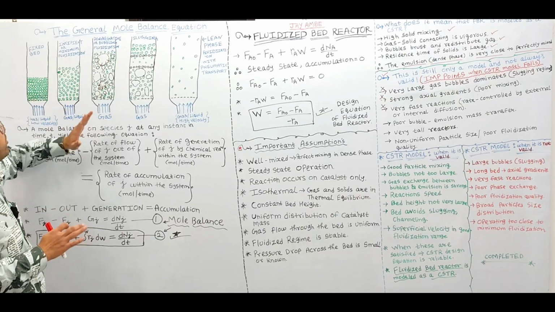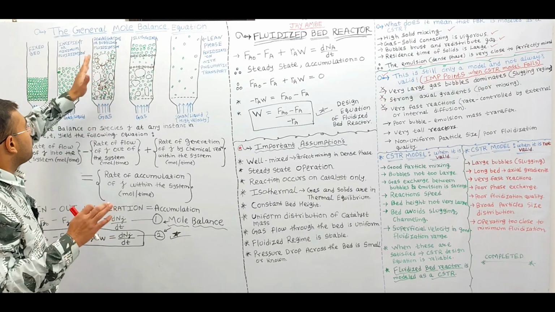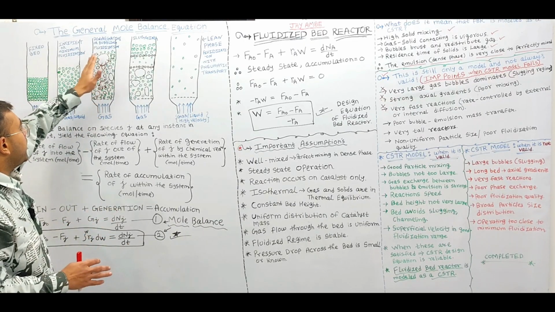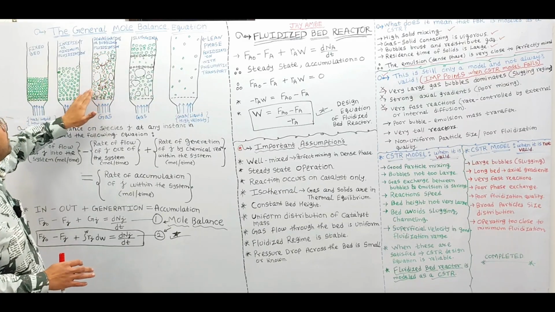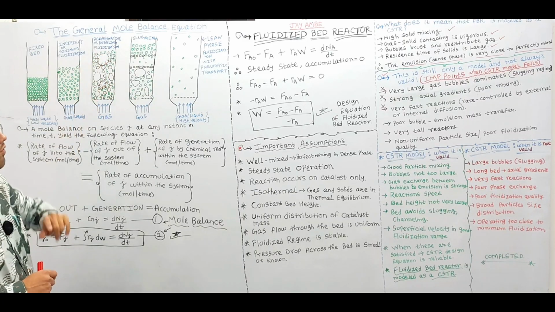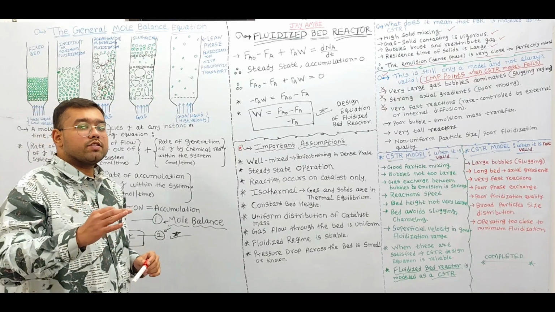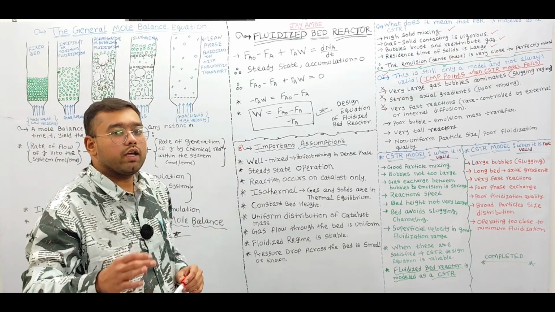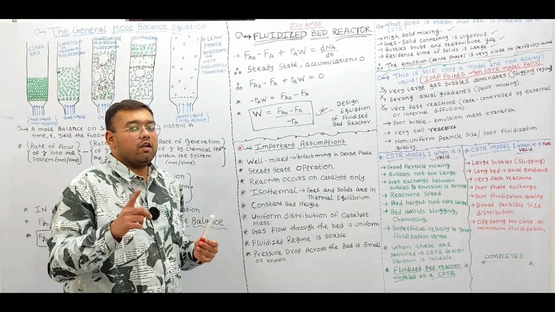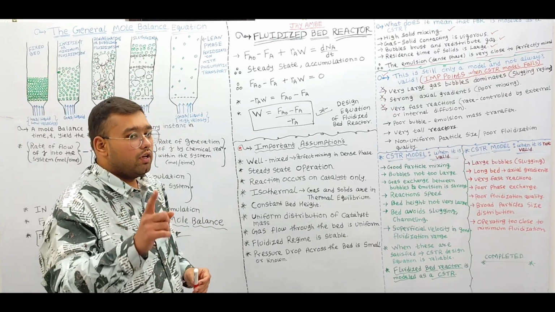Which means we need to ensure uniform distribution of rate of the reaction, concentration, temperature, pressure throughout the entire reaction environment in the fluidized bed reactor. Only then can we say the fluidized bed reactor can be modeled as a CSTR. Otherwise, the CSTR model fails.